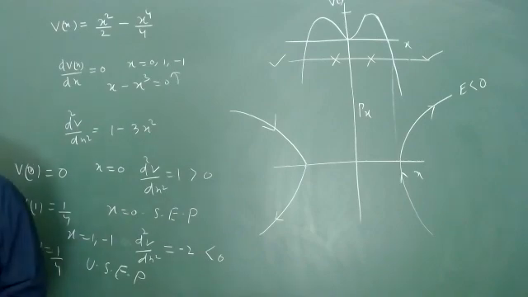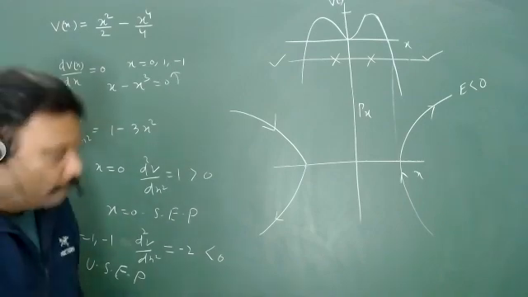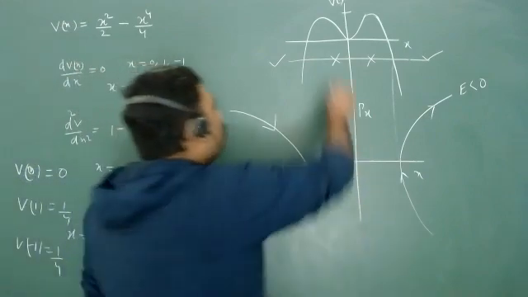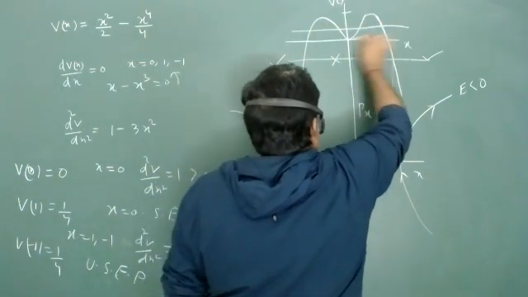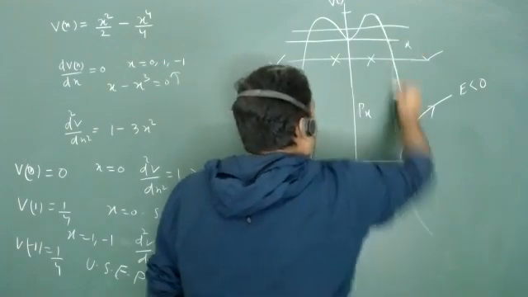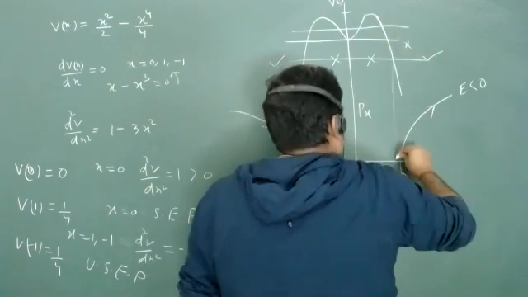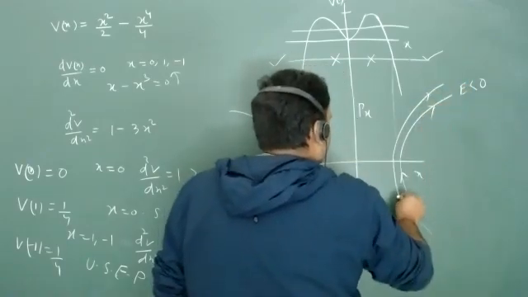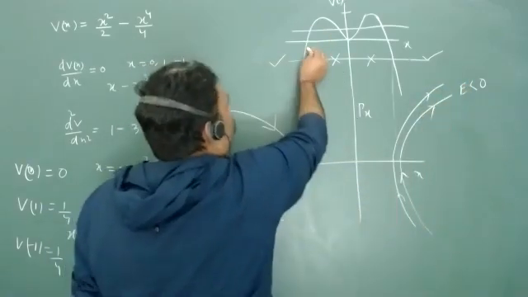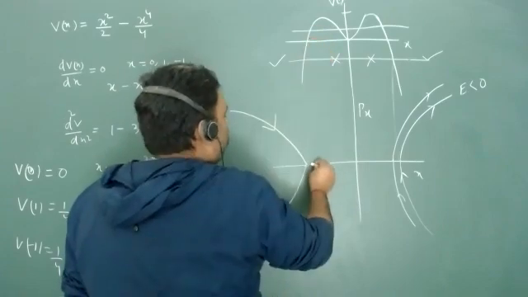And next, what we have to do? We will go for this value of energy. For E is equal to 0, again you have the same kind of thing. E is equal to 0, you have something like this.